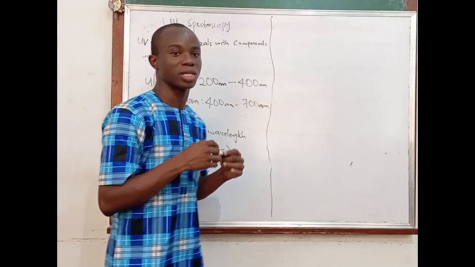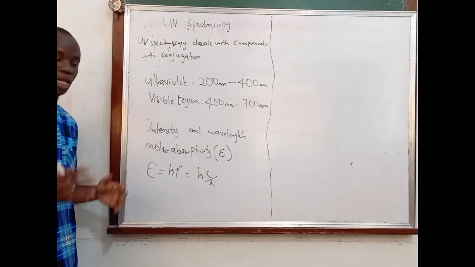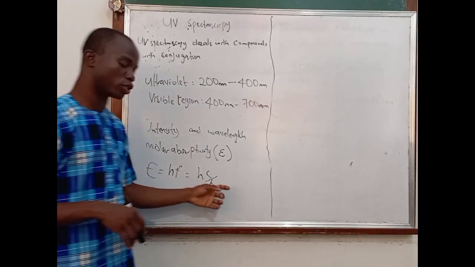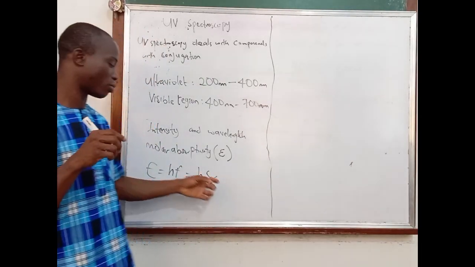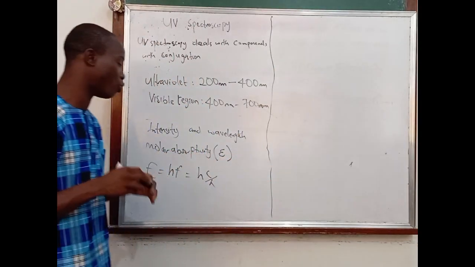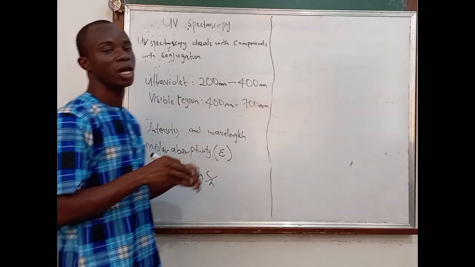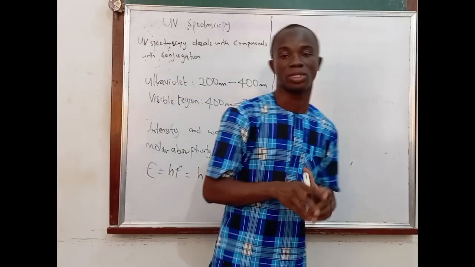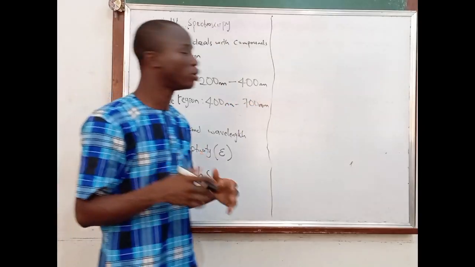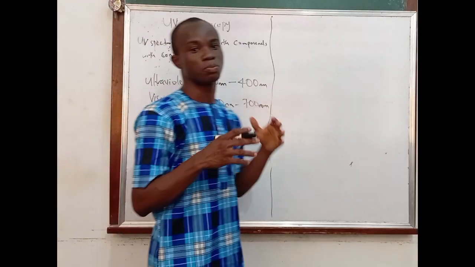That implies that the energy of absorbed light is directly proportional to frequency and inversely proportional to wavelength. Energy of absorbed light is not the same thing as molar absorptivity. These are some of the things we have to note as touching UV spectroscopy.